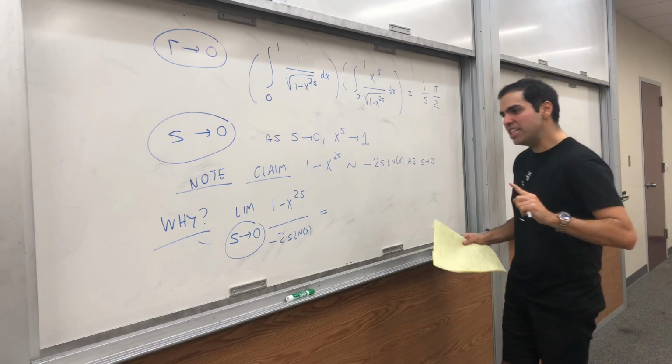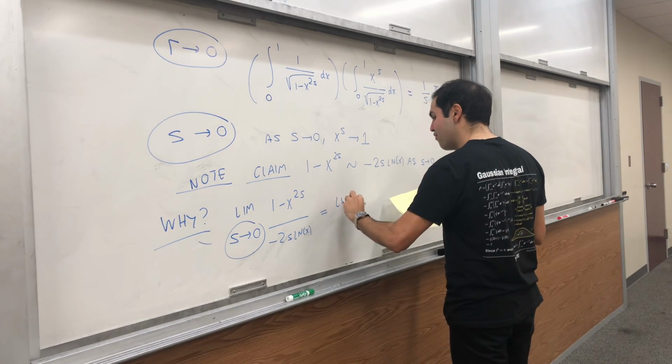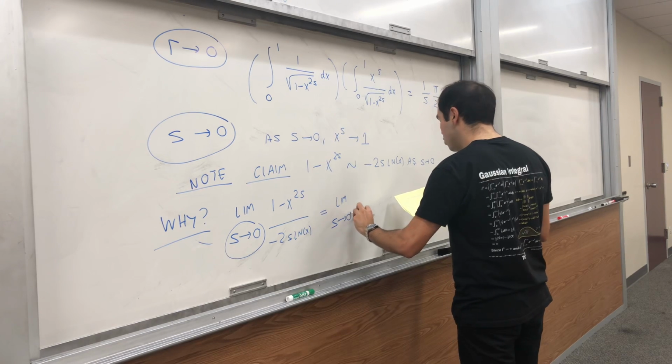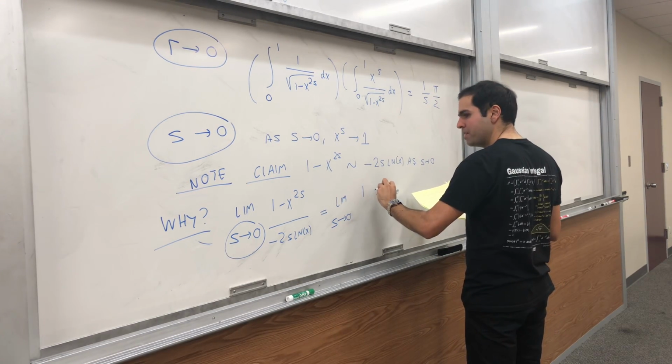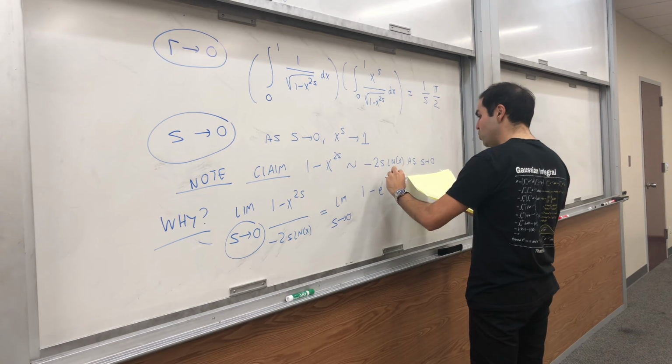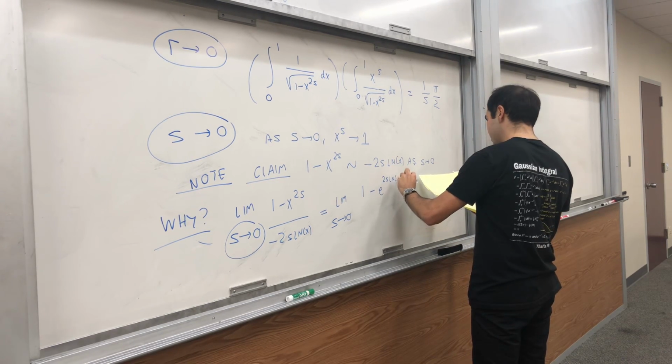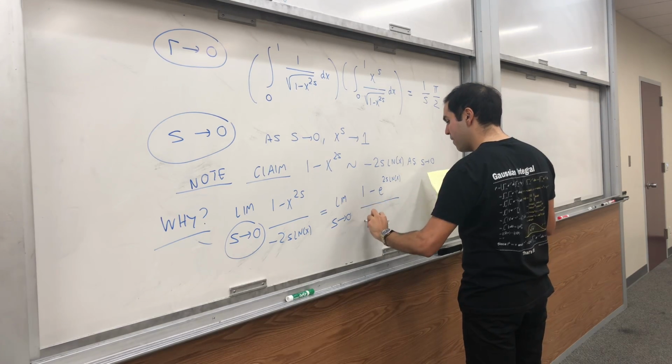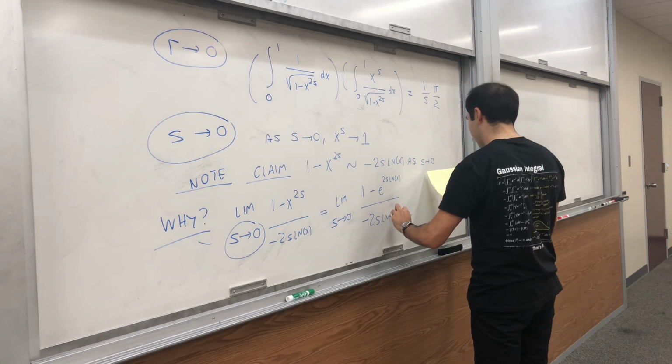So we're differentiating with respect to s, and for this, let's just rewrite the numerator, just to be clear: 1 minus e to the 2s ln of x over minus 2s ln of x.